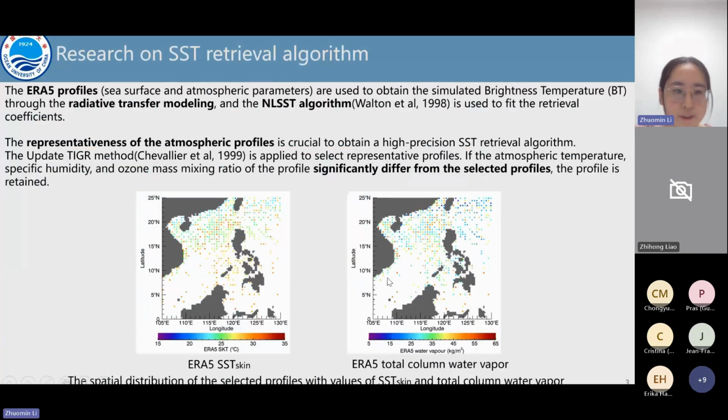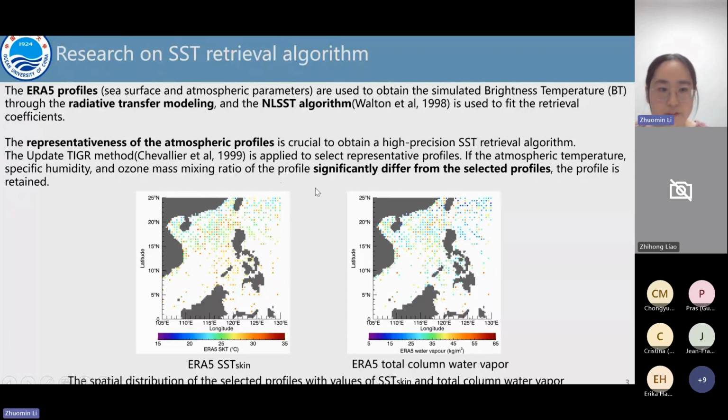And now I introduce the research on SST retrieval algorithm. The profiles, including sea surface and atmospheric parameters, are used to obtain the simulated brightness temperature through the radiative transfer modeling, and the NRSST algorithm is used to fit the retrieval coefficients.